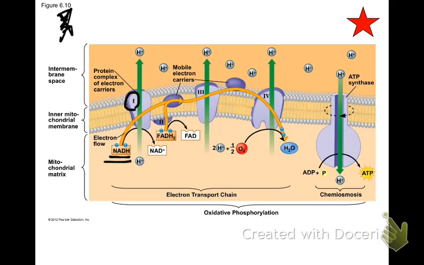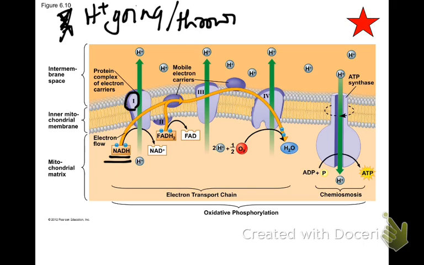X number of protons going out or thrown out. Okay. On the other hand, FADH2 does not start at the first one, it starts somewhere in the middle, which means it is responsible for a little less protons being thrown out.